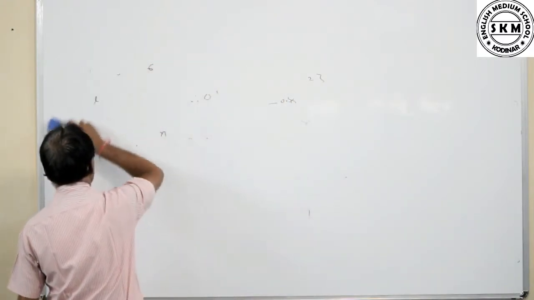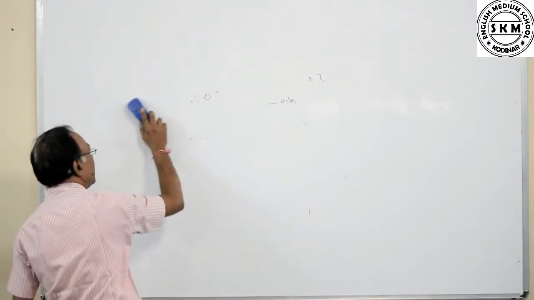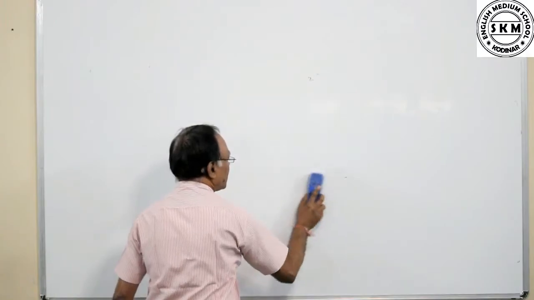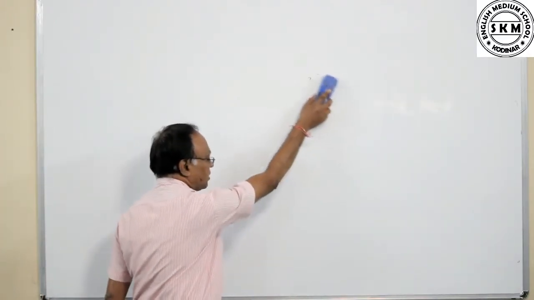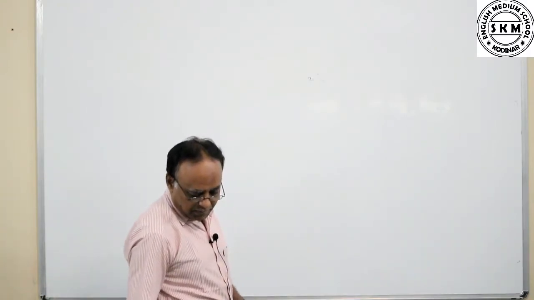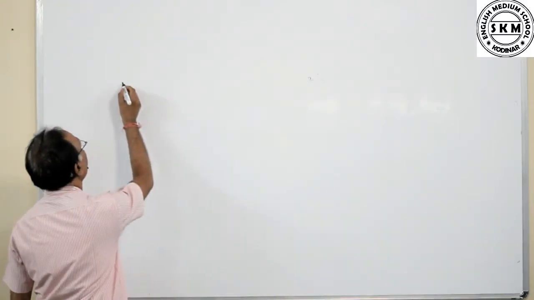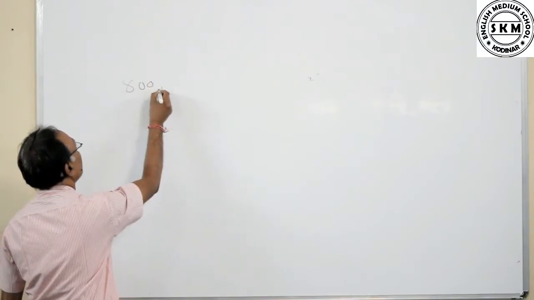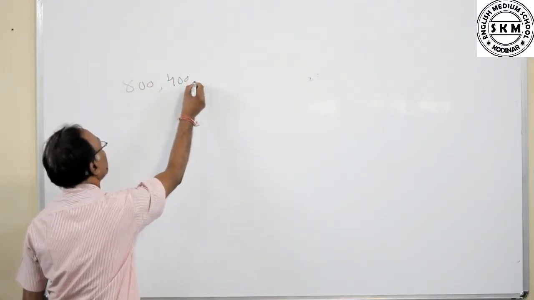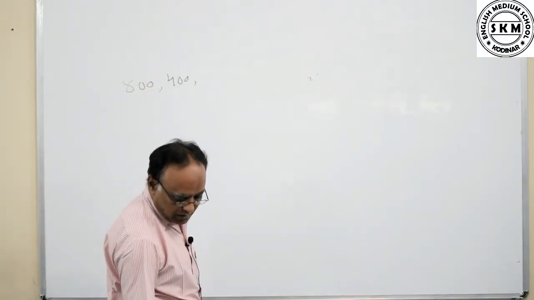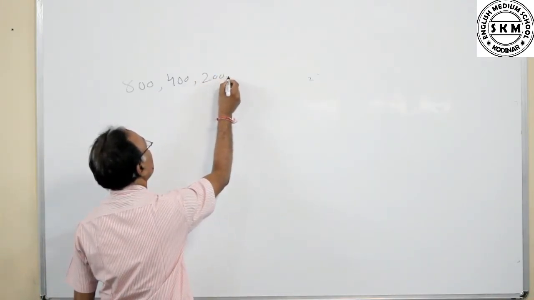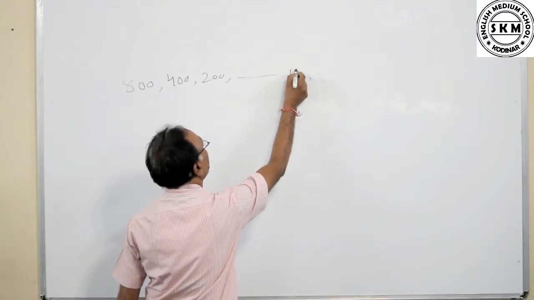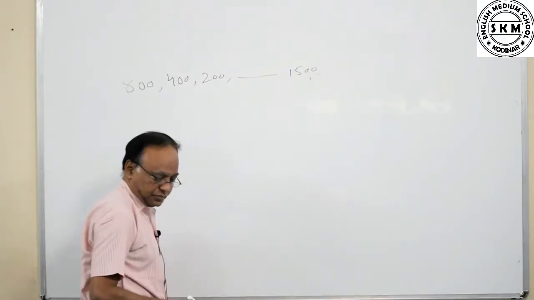The GP series is given, and also the sum. So first write down the series: 800, 400, 200, up to 1500.